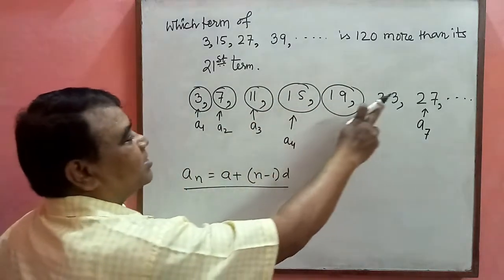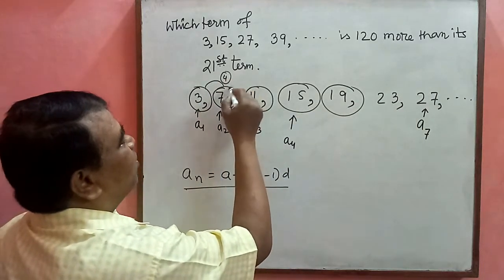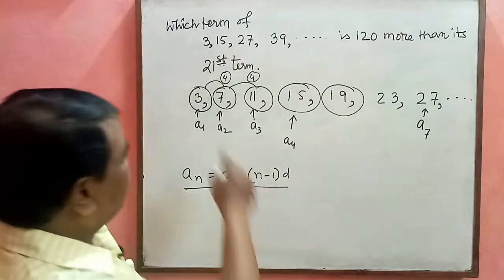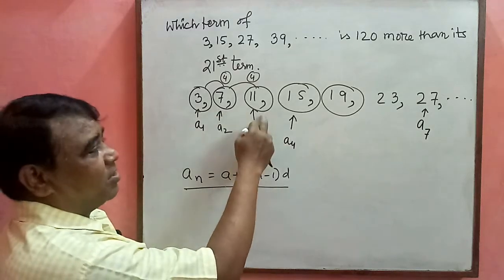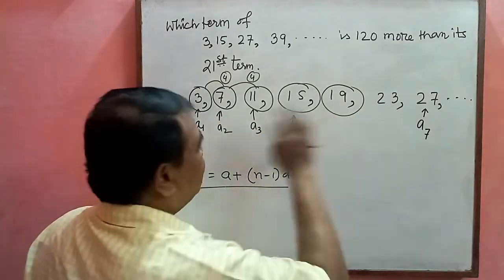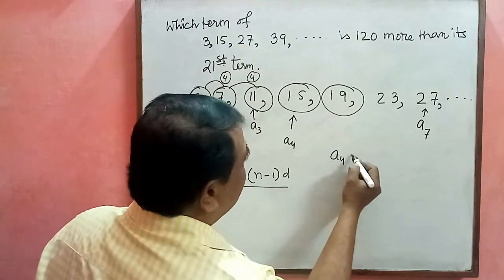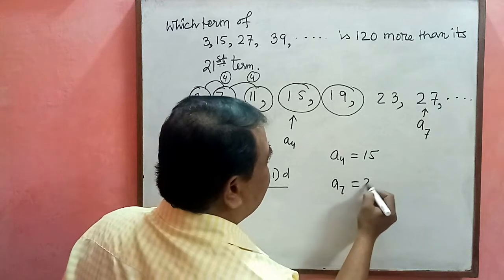This is progressing in such a way that the common difference is 4. Let's say this is the first term, obviously this is the second term, third term, fourth term, fifth term, sixth term, seventh. So the fourth term is 15 and the seventh term is 27.